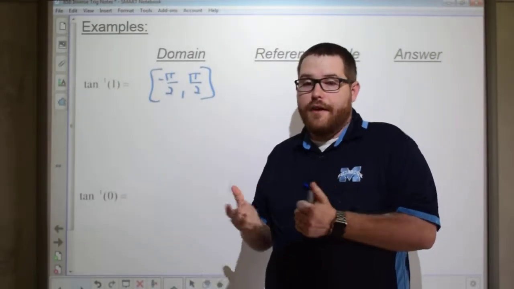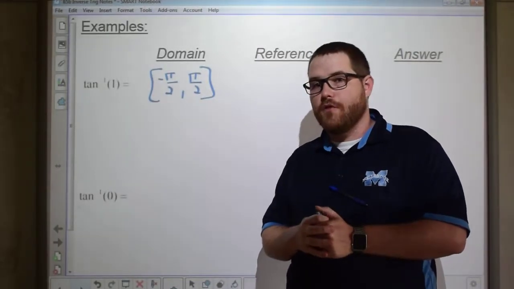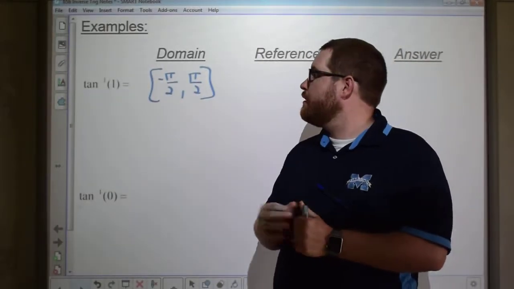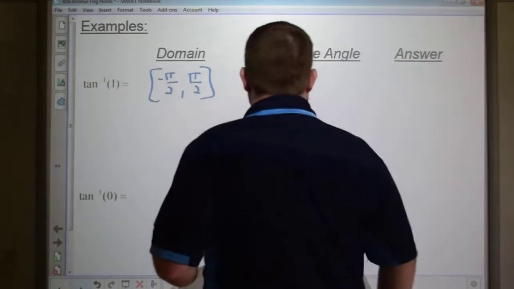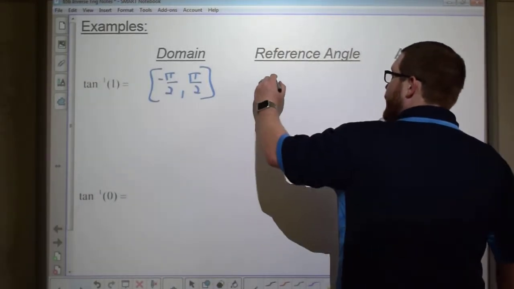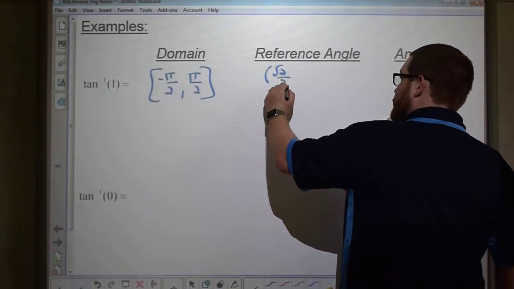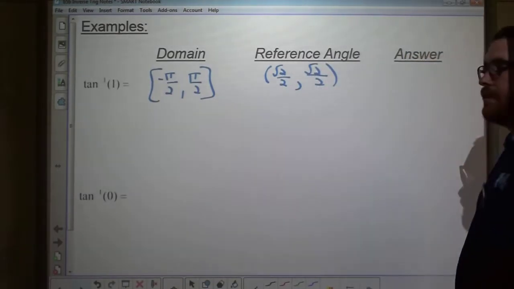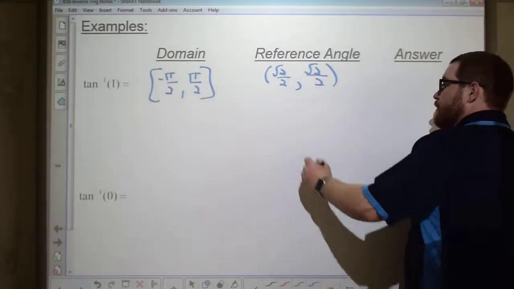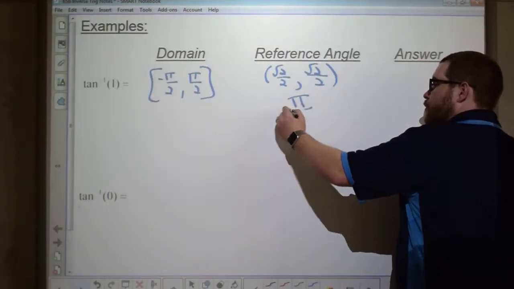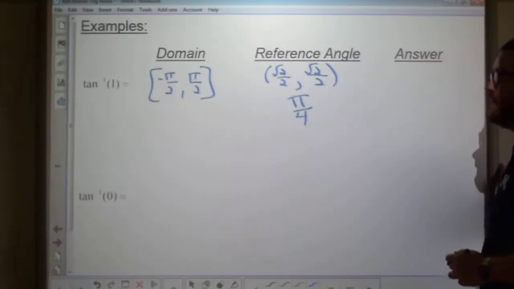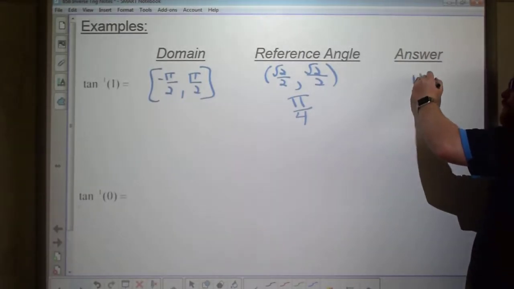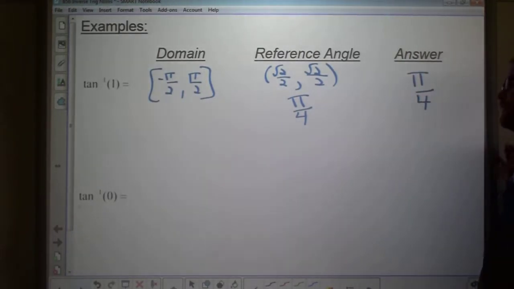How do you get 1 if you divide? Well, that's when you get the same thing over the same thing. What point in the first quadrant is the same thing over the same thing? Well, that would be square root of 2 over 2, comma, square root of 2 over 2. What angle matches square root of 2 over 2, comma, square root of 2 over 2? Pi over 4. Is pi over 4 in the domain that we wanted in the first quadrant? Yes, it is. So it's the correct answer.